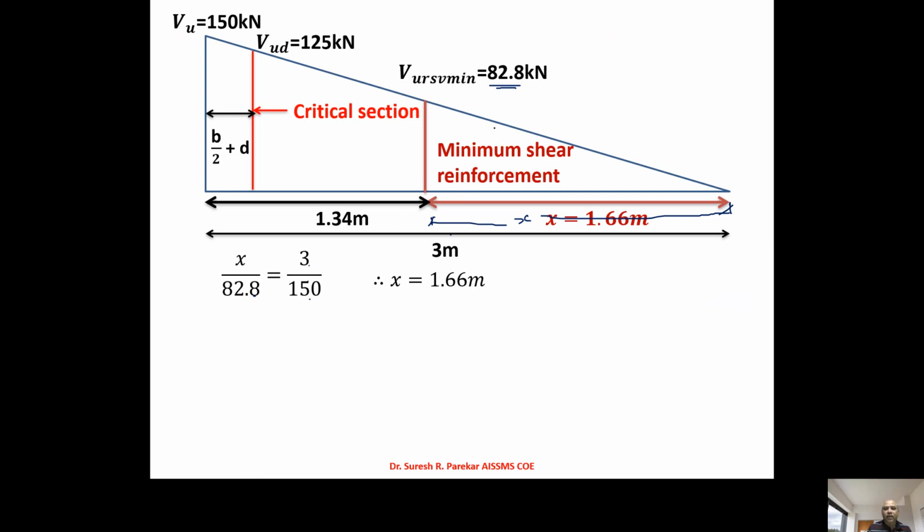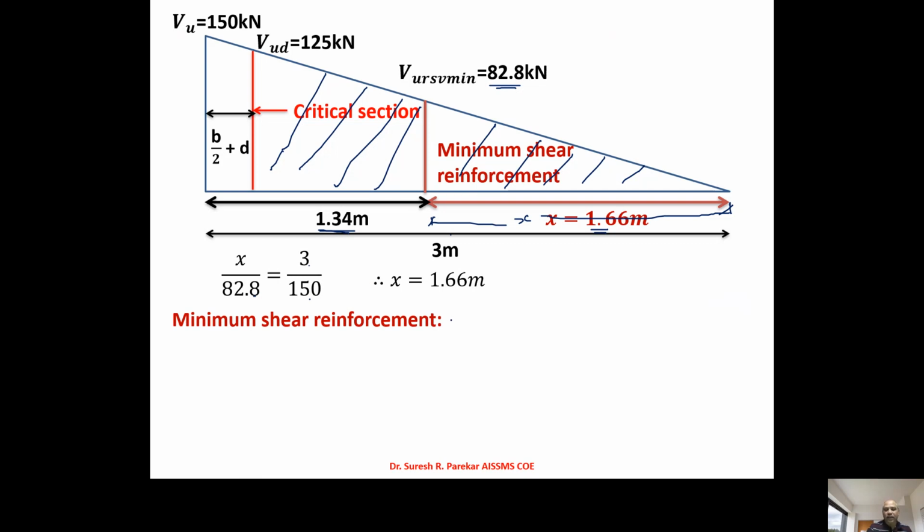This is the reason we go for minimum shear reinforcement here, and in the other region we have to go for design shear reinforcement. As we have 3 meter and this value is 1.66 meter, automatically this comes to 1.34 meter.